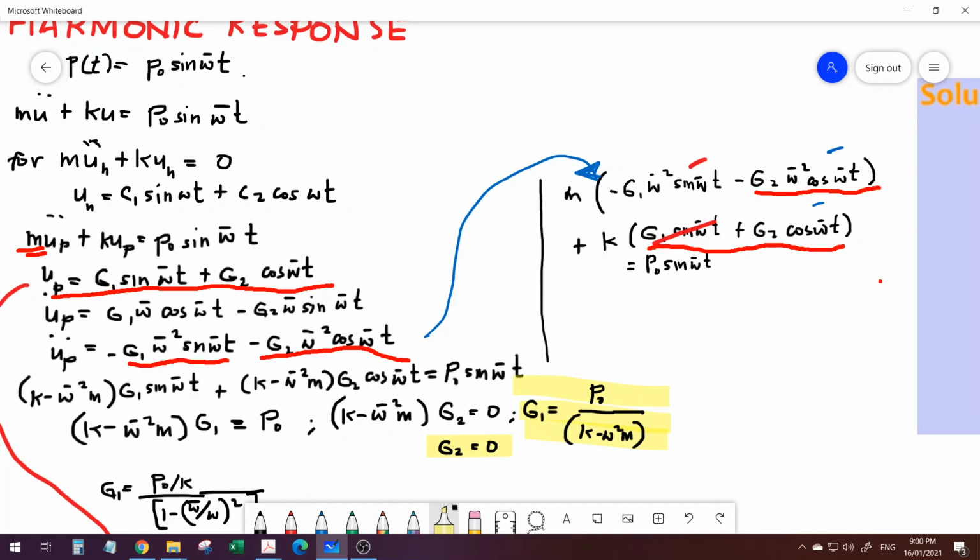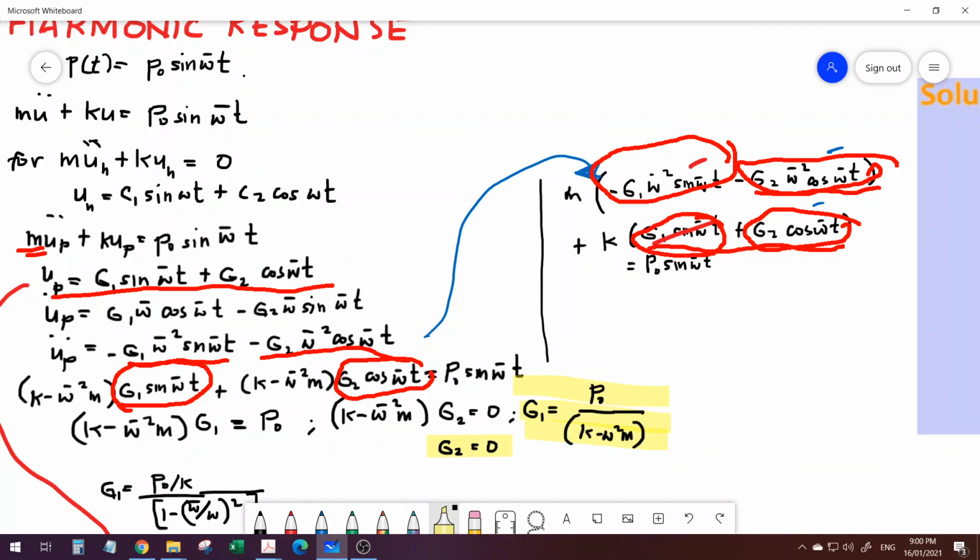Okay. And then, extract natin si G1 sine omega bar t. Yan. So, if you notice, di ba, meron kayong common factor na G1 sine omega bar t. And also, we have G2 cosine omega bar t.